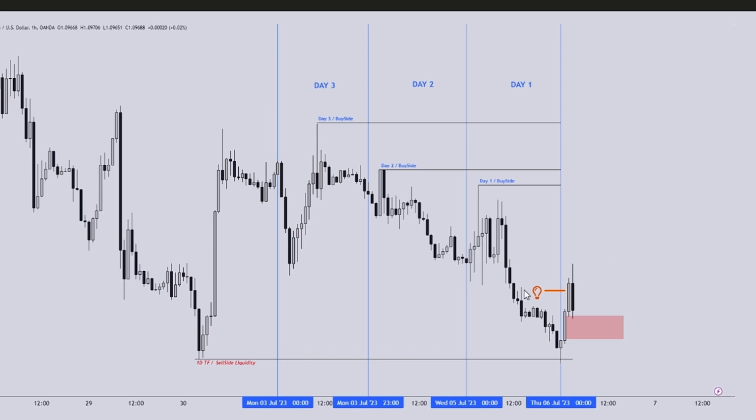We have a displacement, break of the lows, head of inefficiency right here, which is buy side imbalance, sell side inefficiency, right? Displacement or change of character, moving bullish, right? And then we're expecting price to draw towards each one of these buy sides right here, right?